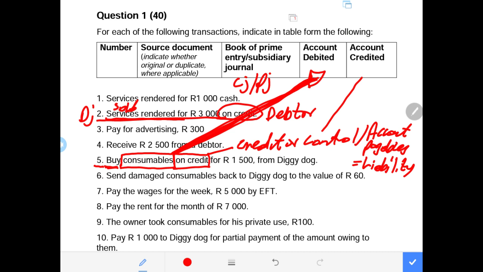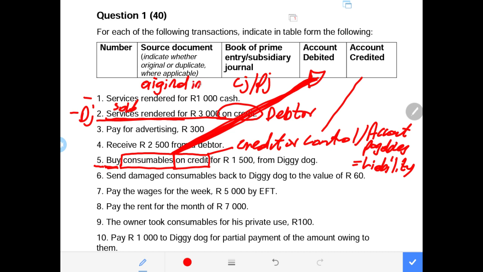But when we render a service to a customer, like in your number 1 and number 2, we give the original document to the customer, but we are left with the duplicate, and we record from the document that remains in our business. But in this number 5, it will be the original invoice, because we are the customer.